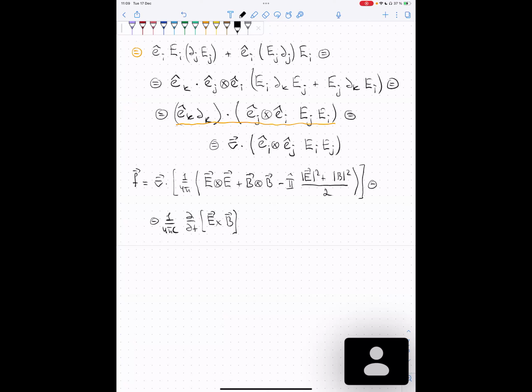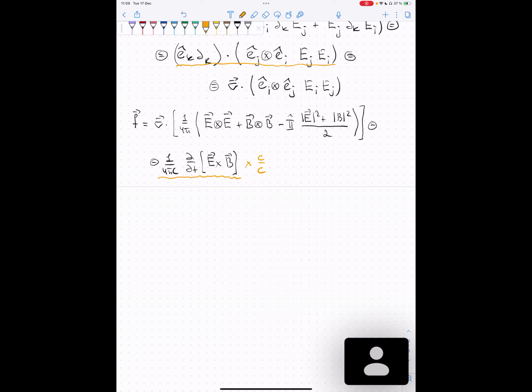So we can actually see that if we multiply and divide this part by c, we can rewrite it as 1 over c squared, d over dt of c over 4 pi, E times B, or on the other hand, d over dt of the Poynting vector divided by c squared, which is basically just the time derivative of the electromagnetic momentum.